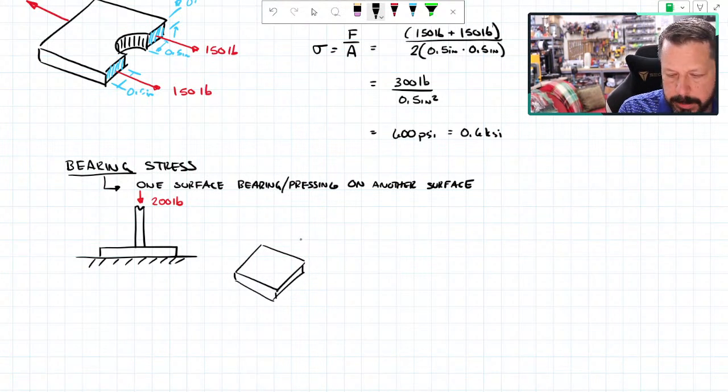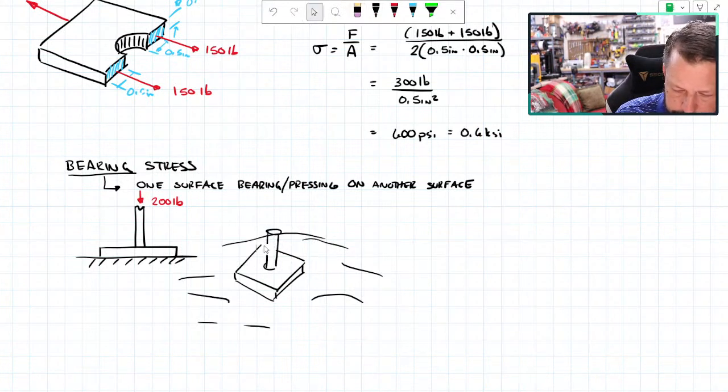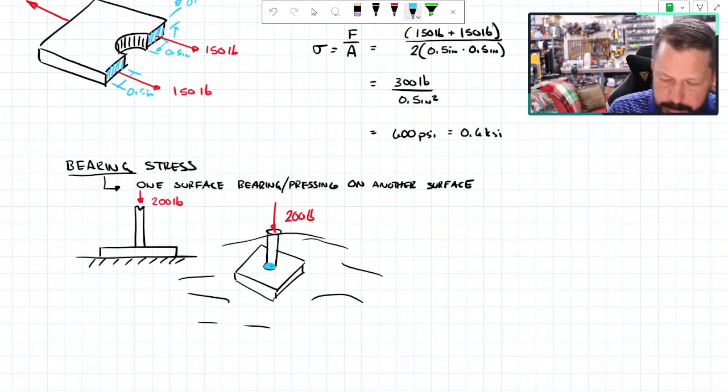There's our little block, you know, and it's spread out over the ground. There's the chair leg. There's the 200 pounds. So instead of the 200 pounds being spread over that little area, it's spread out over this whole area here, which is way bigger.